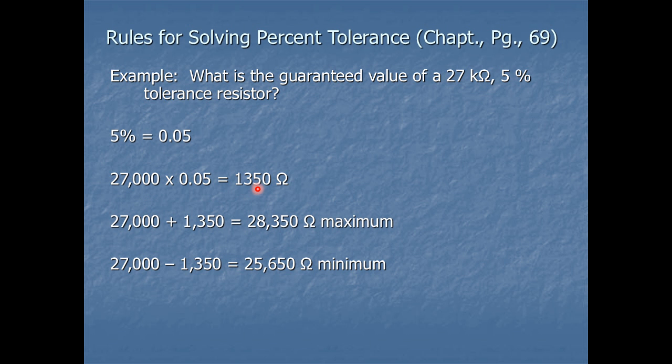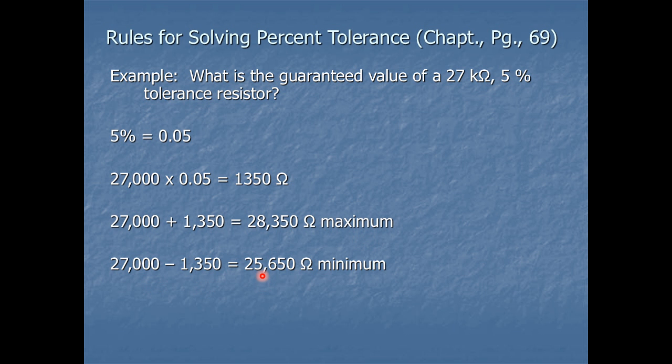Once you have that nominal value, you add it to the original amount to get the maximum, and you subtract it from the original to get the minimum value. So now you know this range.